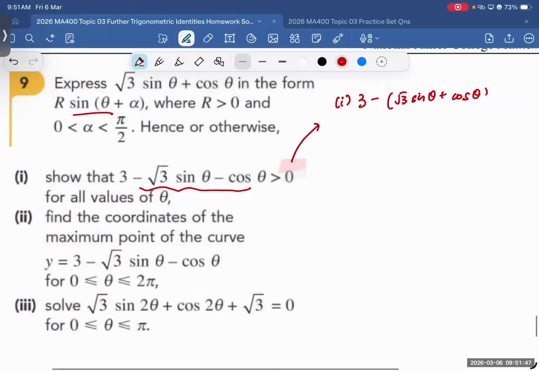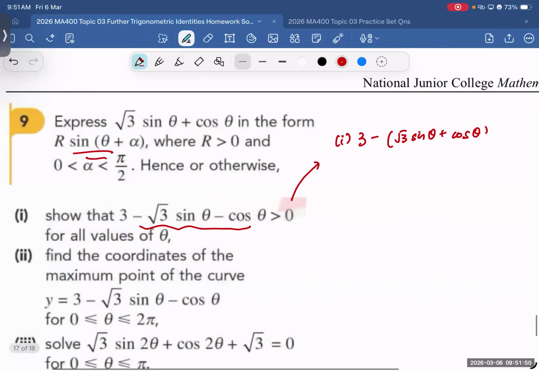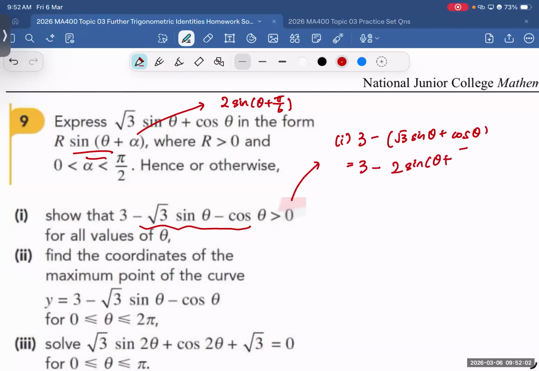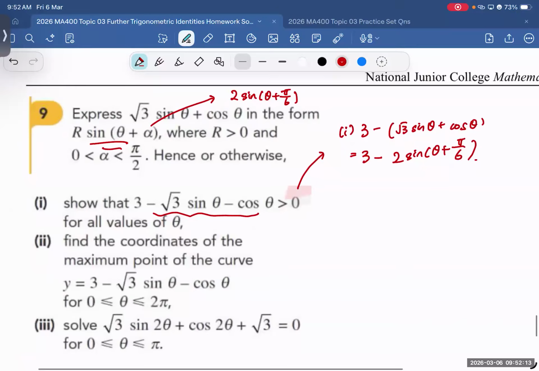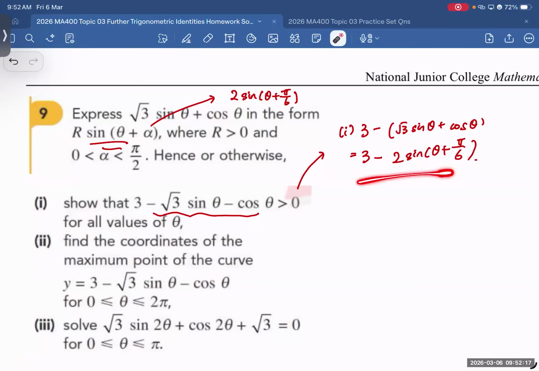Okay, so here actually they ask you to do our formula. The R formula part, this equals 2 sine theta plus pi over 6. Meaning what you have here is 3 minus 2 sine theta plus pi over 6. And you can see, will this guarantee to be positive?